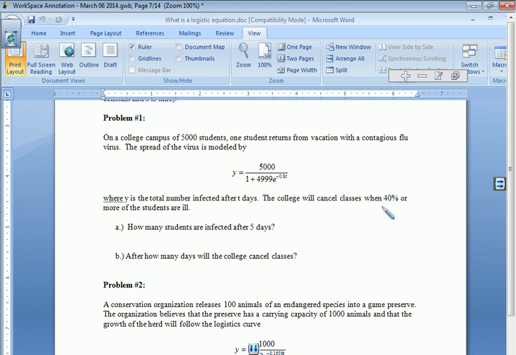The college will cancel classes when 40% or more of the students are ill. So how many students are infected after 5 days? What would we do, guys? Plug in 5. Pull out your calculators and plug in 5 and see what we get.